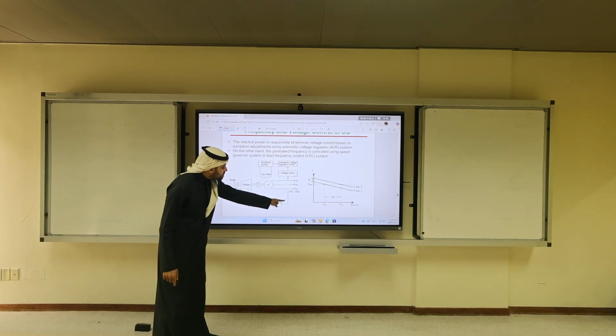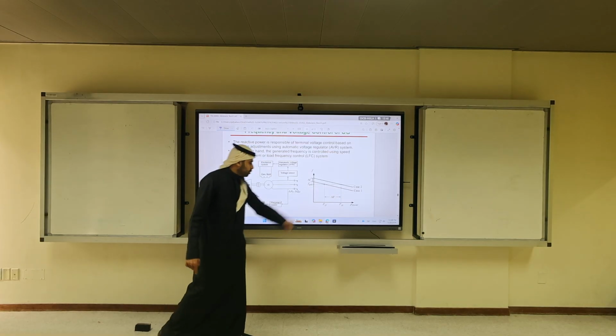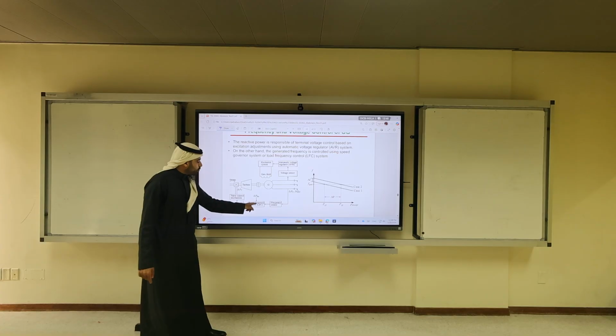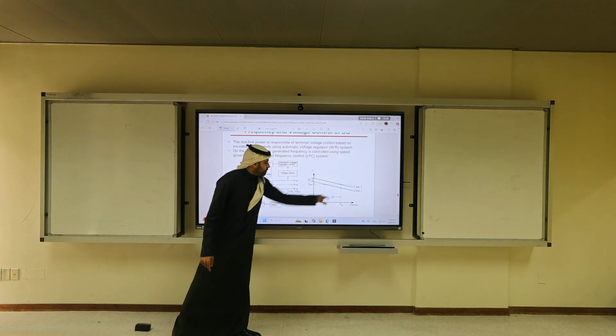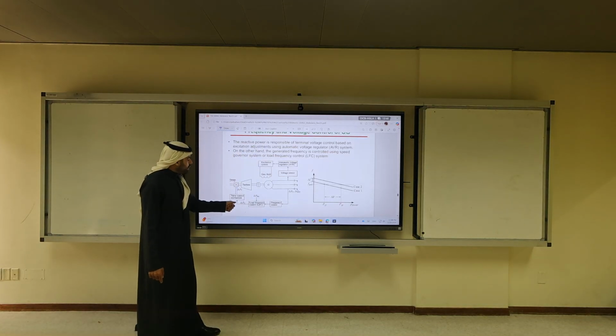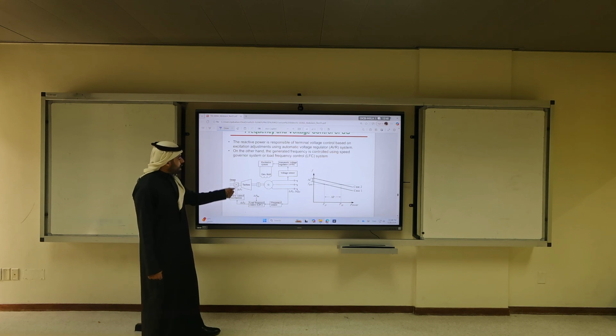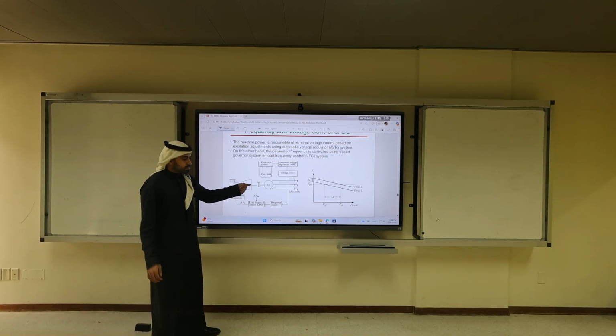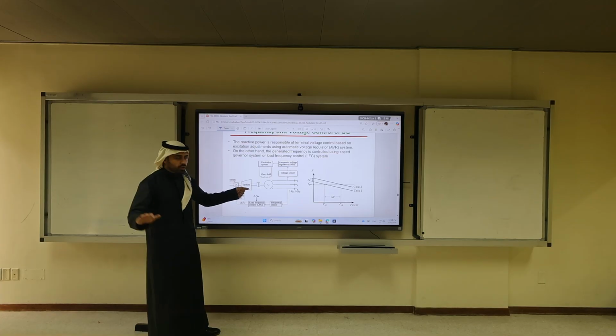There is another system that measures the frequency along with the changes of P and Q, what we call load frequency control, which has a reference of delta of real power based on this curve. Then I'm going to have a valve control mechanism and adjust the steam of the turbine or the fuel to tell the generator to slow down.